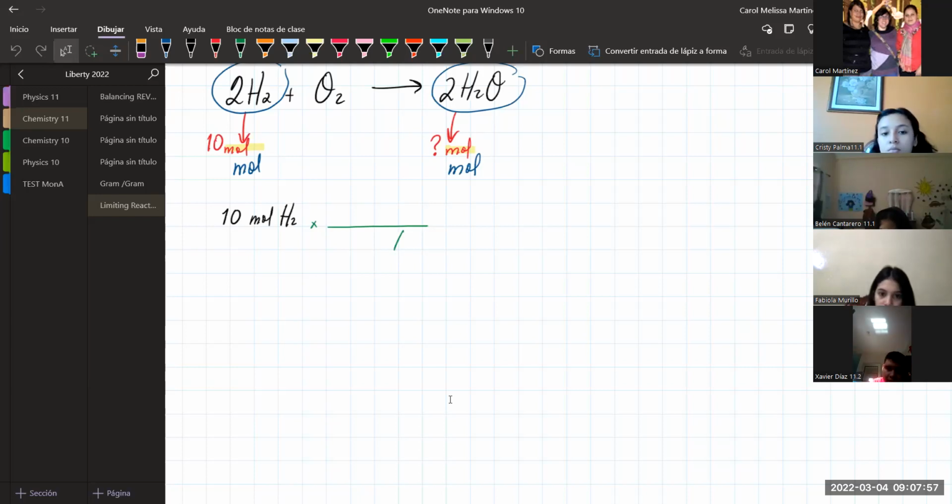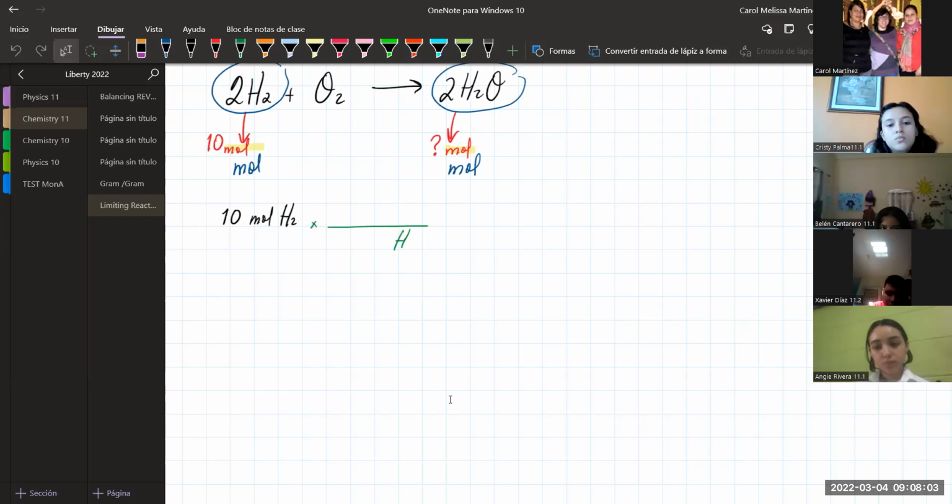How many moles of water? 1 mole. What number is next to water in the equation? 2 moles.